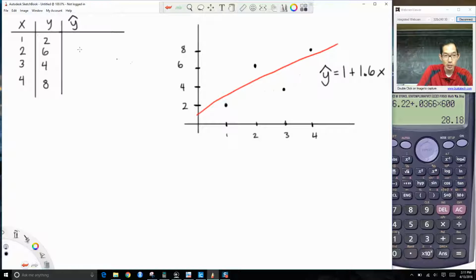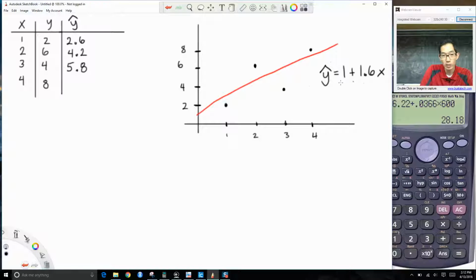Okay, so if I plug in 1, I would get 1 plus 1.6, and I would get a value of 2.6. And if I plug in 2 for x, I would get 2 times 1.6 is 3.2, plus 1, I would get 4.2. And if I plug in 1.6 again, I would get 5.8.